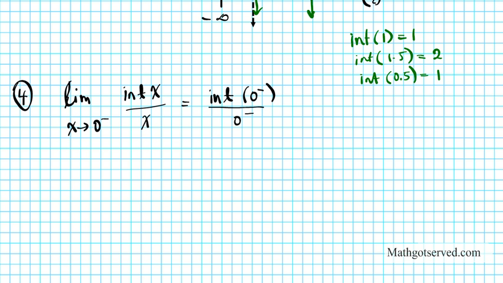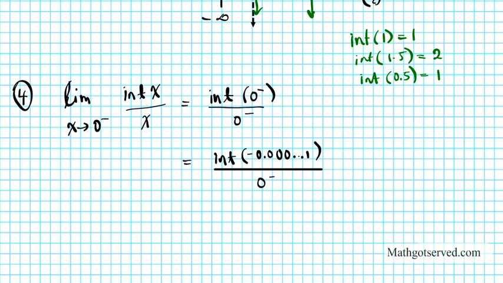Alright, so if you take a look at this, what is int of 0 from the left? It's basically int of, you can use a sample number, right? Int of negative 0.000, a really small negative number. So if you round up a really small negative number to the left of 0, what is that going to give you? The next integer that's bigger than a really small negative number close to 0, if I round this up, I'm going to round it up to 0.